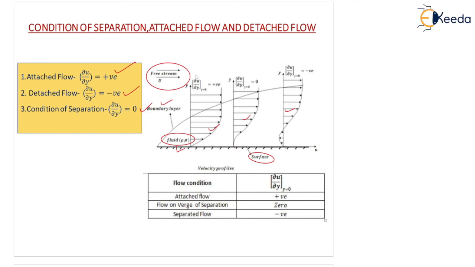For the attached flow, velocity gradient ∂u/∂y is positive. ∂u/∂y equal to 0 is mentioned here, and ∂u/∂y negative is mentioned for the detached flow. The same thing is tabulated in the column here: attached flow, positive value of du by dy; flow on the verge of separation, it is 0; and separated flow, du by dy is negative.